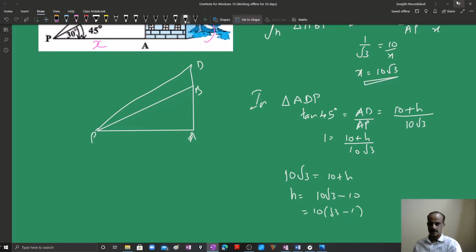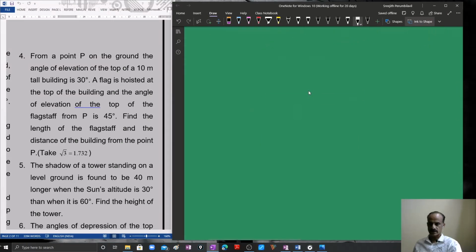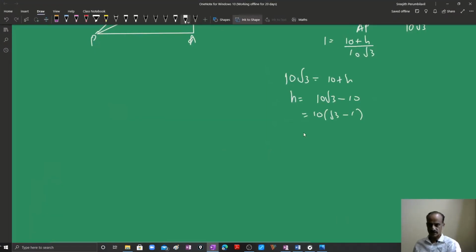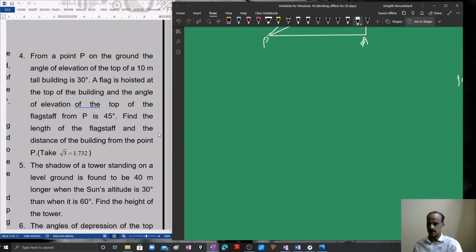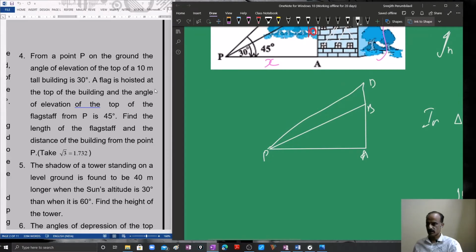The value of root 3 is given in the question as 1.732. So 1.732 minus 1, that is 10 into 0.732, which equals 7.32 meters. That is the height of the flagstaff, and the distance we already found is 10 root 3.